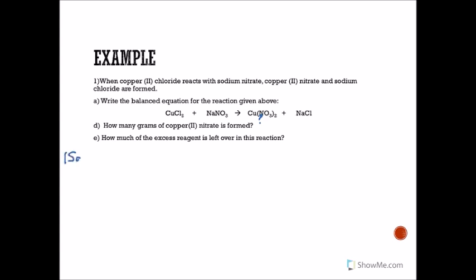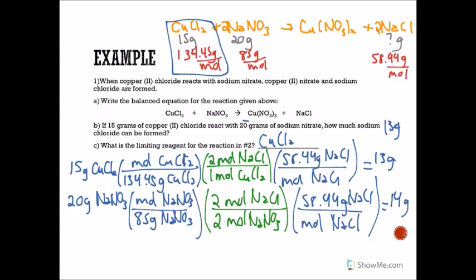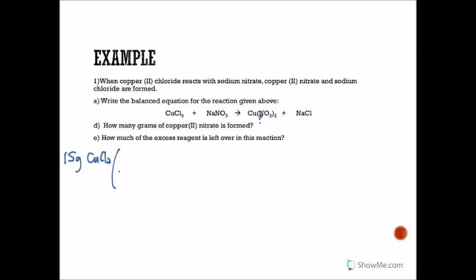So we start with 15 grams of copper 2 chloride. We convert to moles with our molar mass, 135.45 grams of copper 2 chloride per mole of copper 2 chloride.